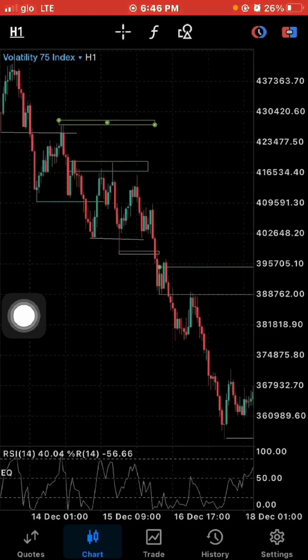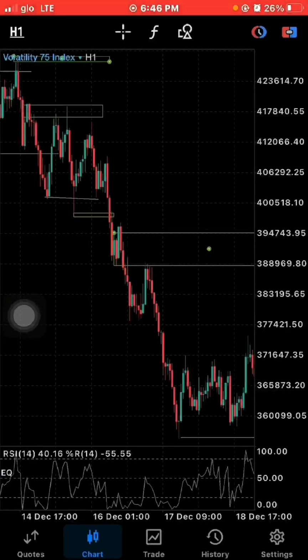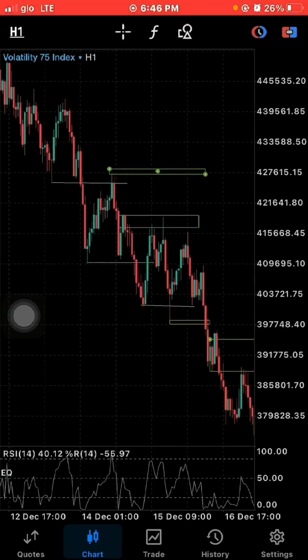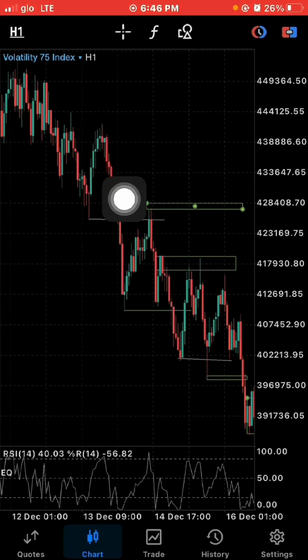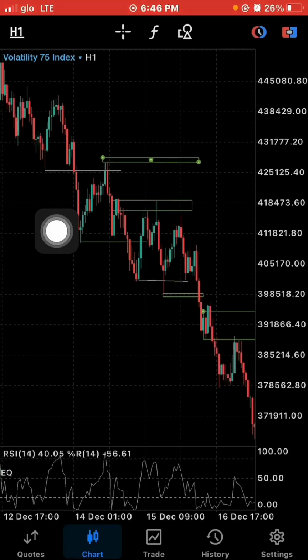Now, how do you use the trading indicators? The RSI we have here is just another confirmation. As soon as you confirm that the market is in a trending condition, whether it is buying or selling, you look at this RSI, and you don't buy or sell except the market has crossed the 50 level in the RSI.